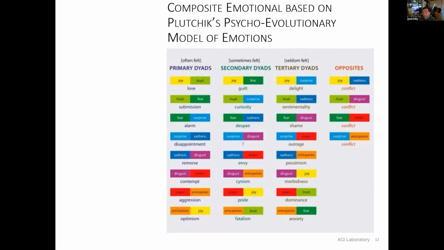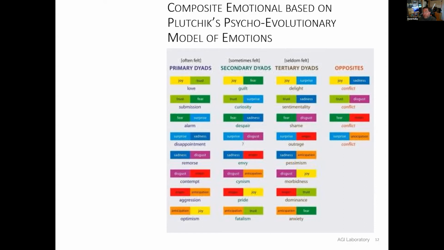That's one of the things I liked about Plutchik: instead of having 72 different emotional valences, we can just track a small subset and still represent all of these other composite emotions. So it lowers the computational complexity of trying to model all of this stuff.